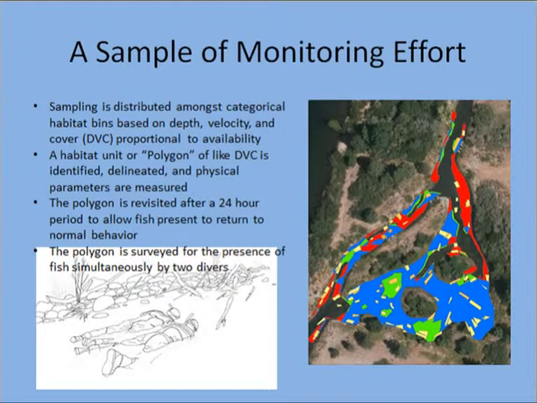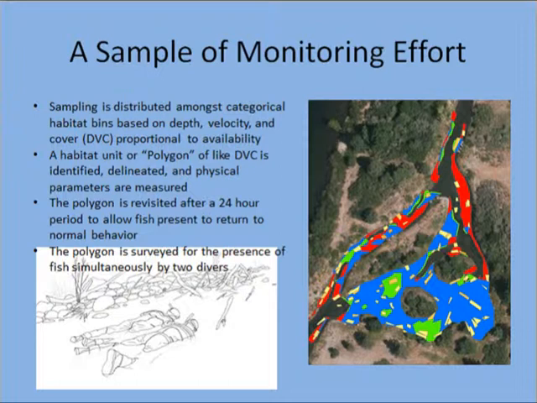So last year our crew developed a sampling strategy, and it's just a pilot study where they looked at the different qualities of habitat, and they could distribute a sampling effort within those different kinds. And so these are these little French fries, as DJ called them in here. Those are like the little specific areas that we went and counted fish and got densities in different qualities of habitat.